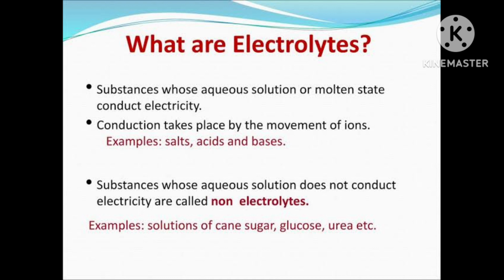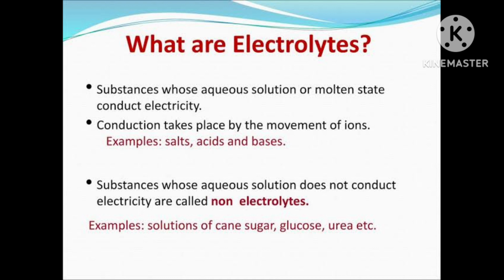Now the definition: the conductance of electricity by ions present in the solution is called electrolytic or ionic conductance.